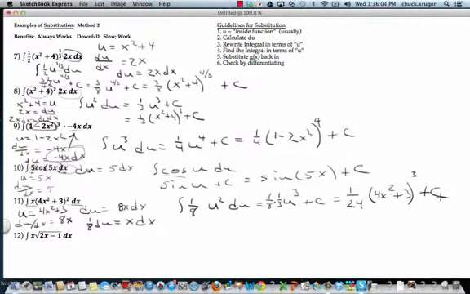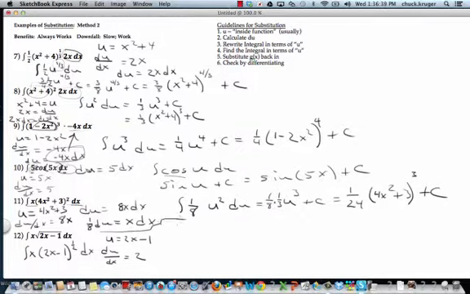Alright, this next one, number 12, I'm going to rewrite as x times 2x minus 1 to the 1/2 power dx. And if I let u equal 2x minus 1, that means du dx will equal 2, and that means du equals 2 dx.